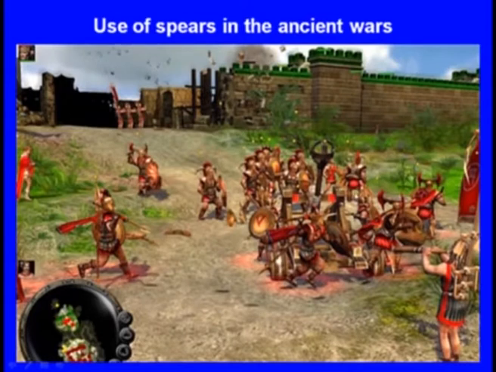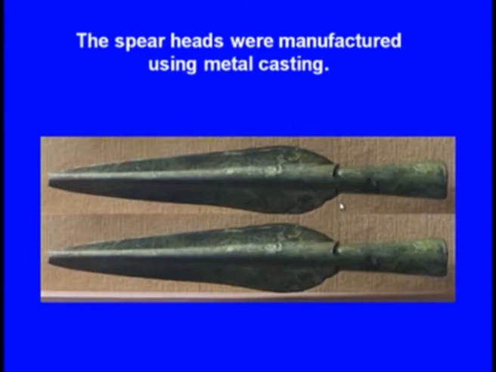Now the question is, these spearheads were manufactured by metal casting. You can see these spearheads. So, these were manufactured by metal casting, which means even during the ancient days this metal casting process was in practice. Now, let us see how the ancient people manufactured these spearheads.